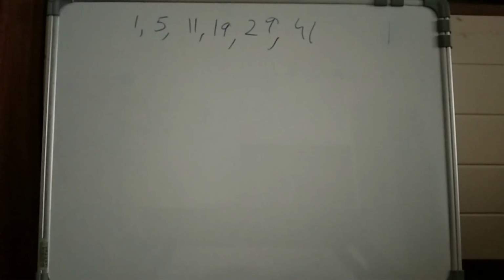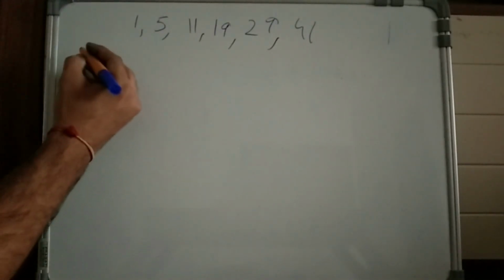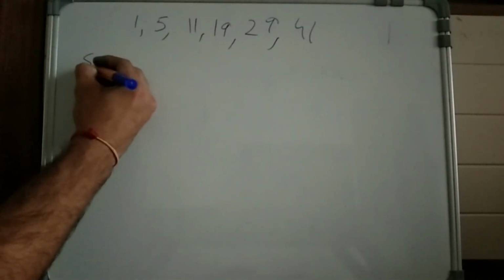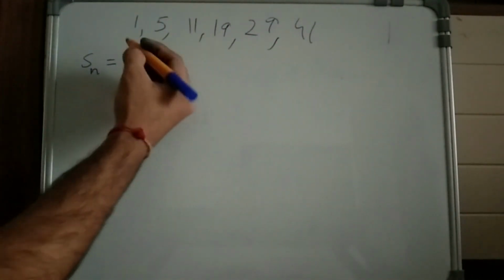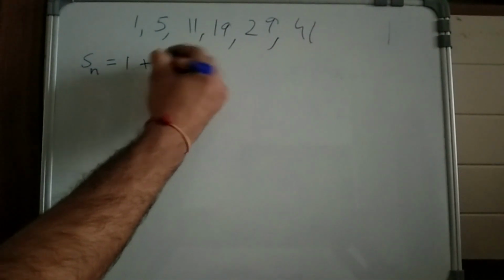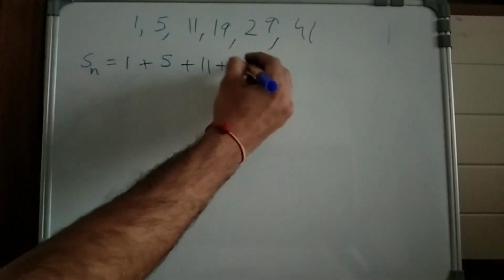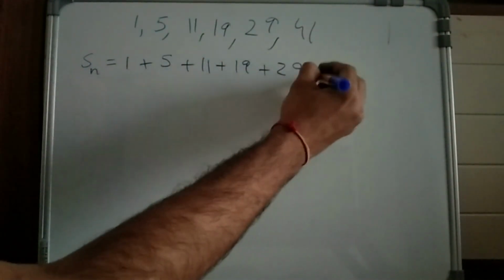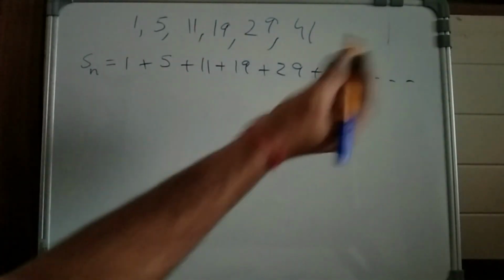So how to approach these kinds of sequences? There is a standard approach. Just write Sn, the sum, equal to 1 plus 5 plus 11 plus 19 plus 29 plus 41 plus and so on.